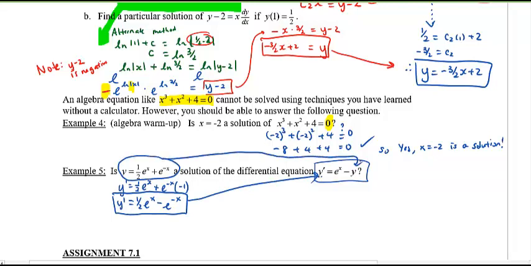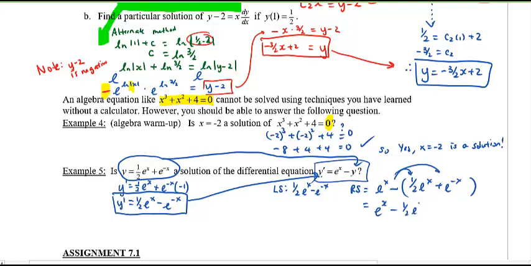So I want you to plug this into y prime, and I want you to plug this into wherever you see y. And the question now is, does the left side equal the right side? Well, we know that the left side is just 1/2 e to the x minus e to the negative x. Now the question is, what's the right side? Well, that's e to the x minus y, and y is this function 1/2 e to the x plus e to the negative x. Let's distribute the minus sign and cross our fingers. e to the x minus 1/2 e to the x minus e to the negative x.